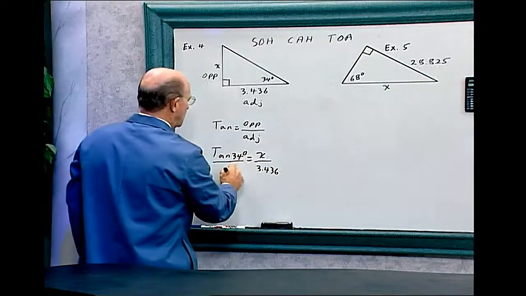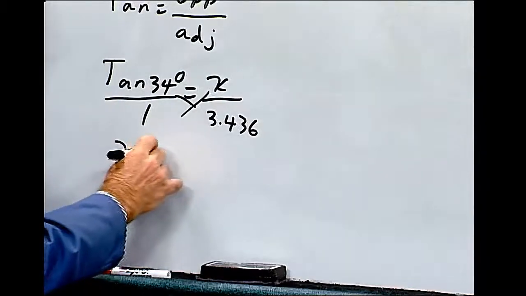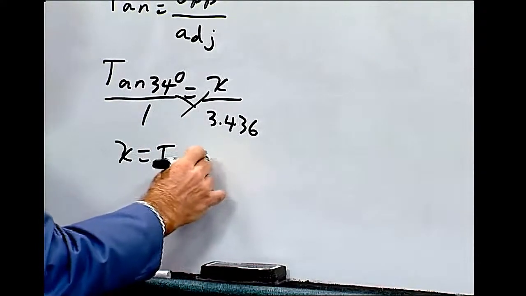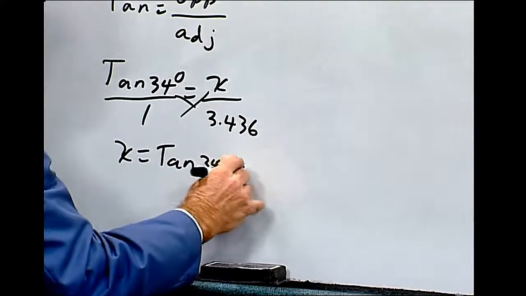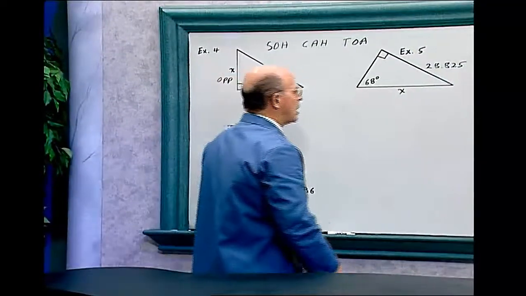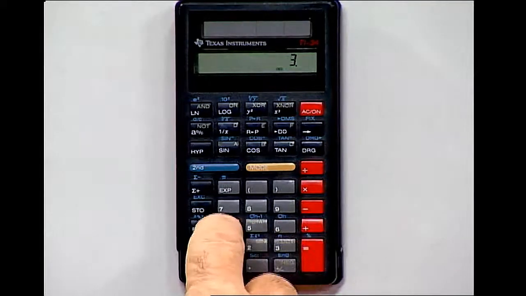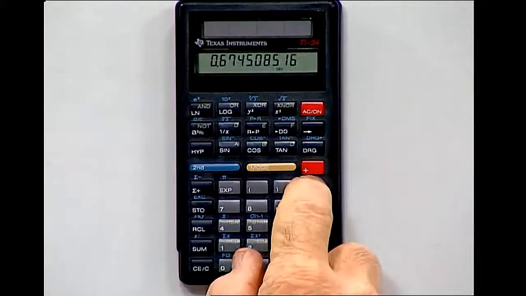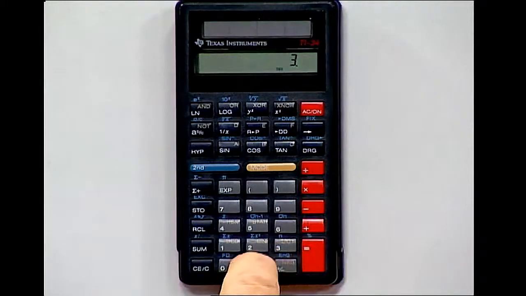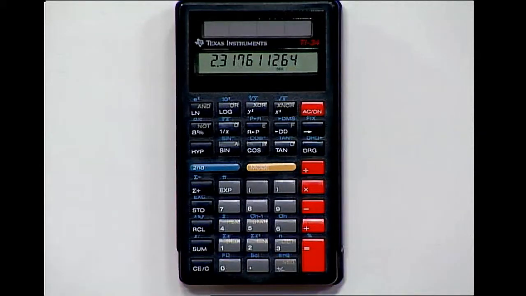3.436. Cross multiply. So x equals tangent 34 degrees multiplied by 3.436. Let's go to the calculator. 34 tangent times 3.436 equals, and the answer is 2.3176.